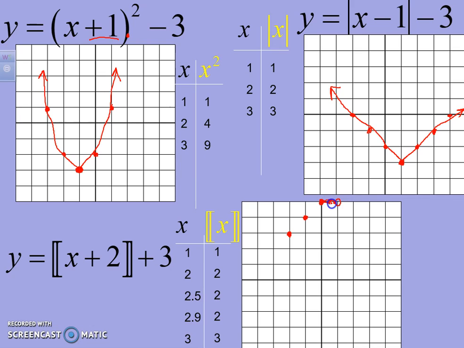So basically it makes a bunch of straight lines across until it gets to that next integer. At that next integer, you put an open circle and it jumps up. So see this one? It goes straight across, open circle, it jumps up. Make a dot. So it follows a linear pattern and it has an open circle.